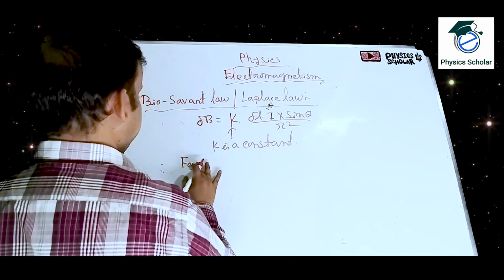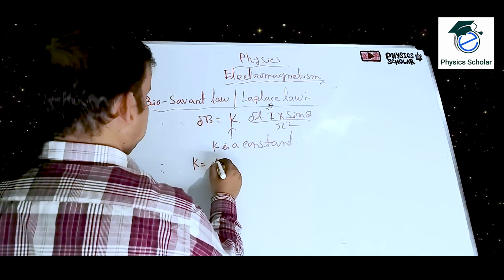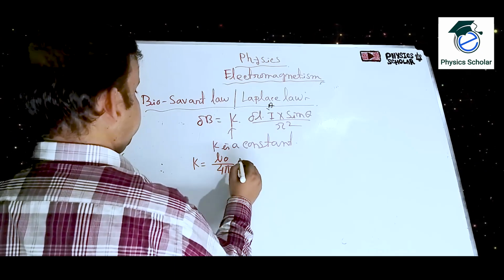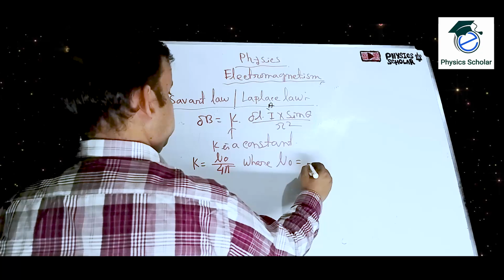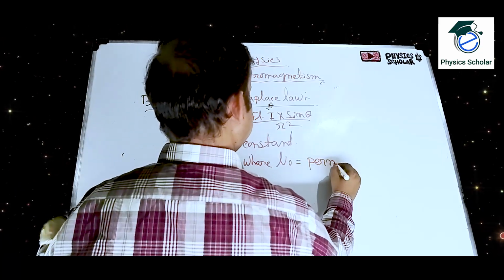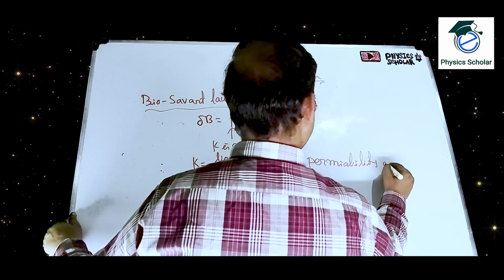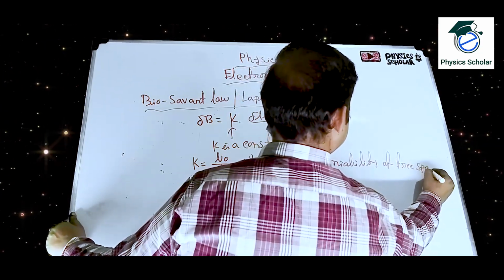Now what we can write? What we come to know? K is equal to mu 0 by 4 pi, where mu 0 is equal to permeability of free space.